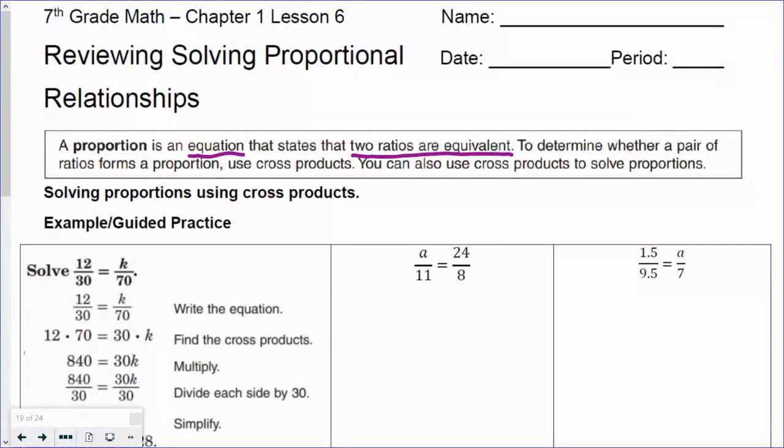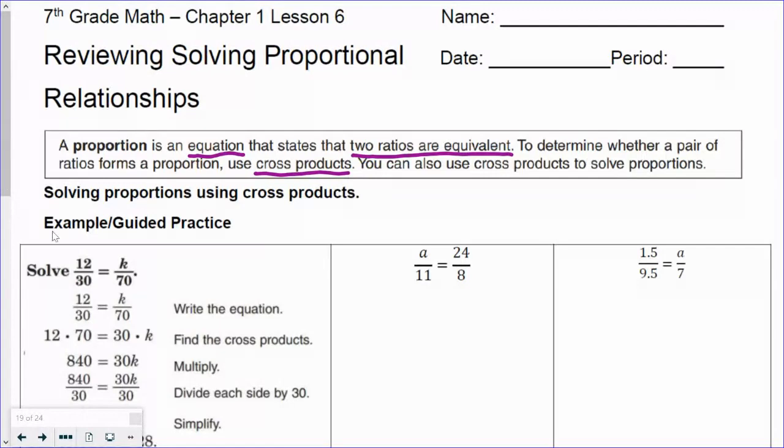To determine whether a pair of ratios form a proportion, we're going to use our cross products. You can use cross products to solve any proportion. Whereas we've used other concepts of like trying to reduce down or see if we can multiply both numbers by something. But cross products will always work.